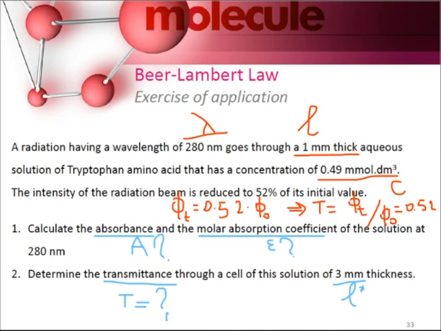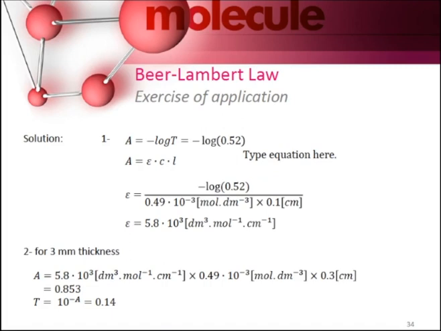We just need to get to T, which is easy now. Just A is equal to epsilon, this is the epsilon that we've just found, times the concentration that we just calculated, times the new L that I called L star, which is given as 3 millimeters thick.